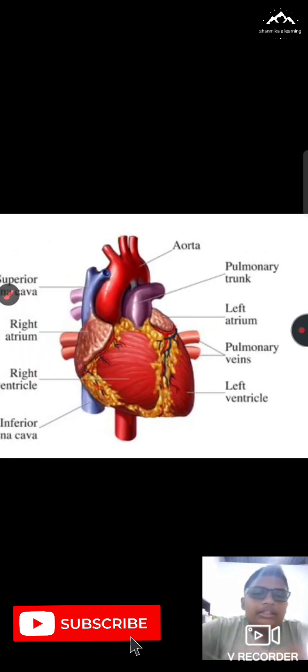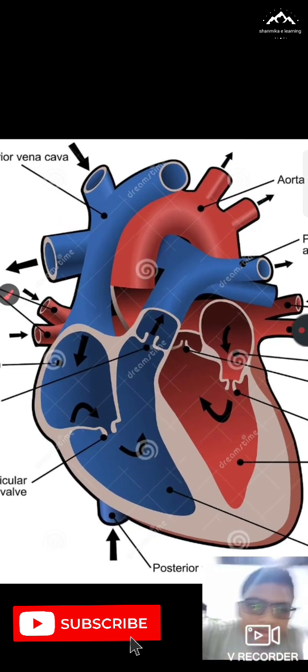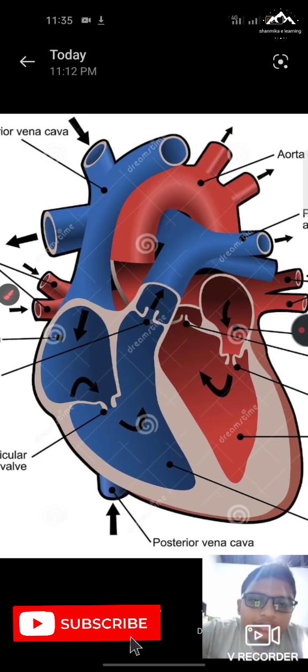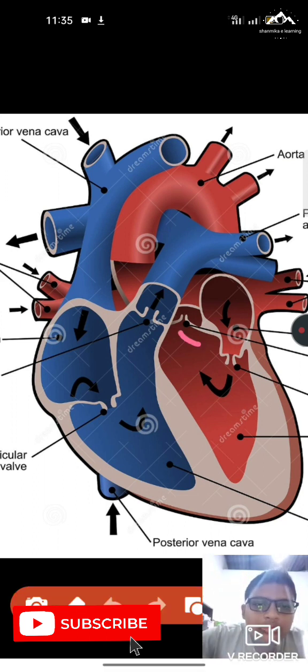If we talk about the arteries, they take blood out of the heart. You can see arrows also. Here you can see a valve.